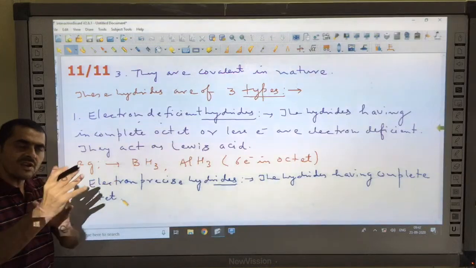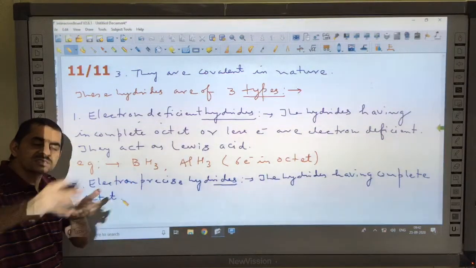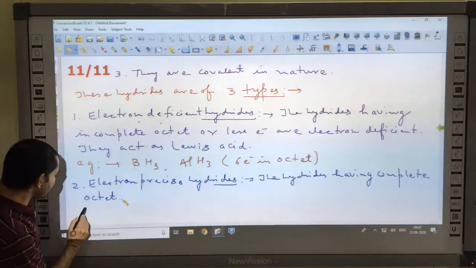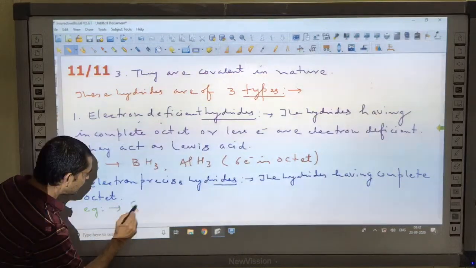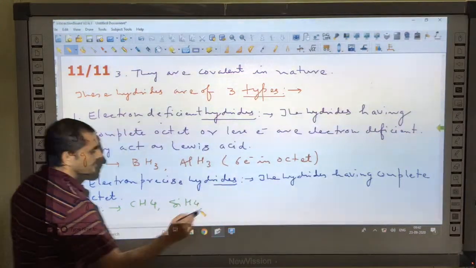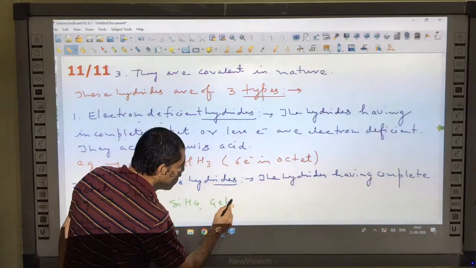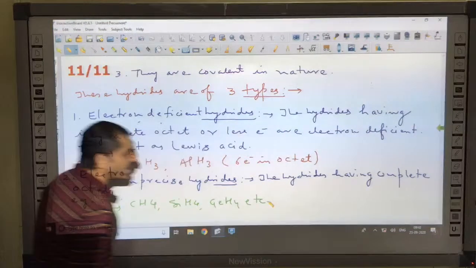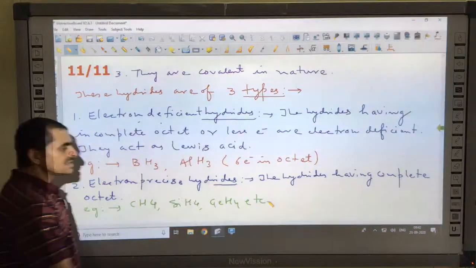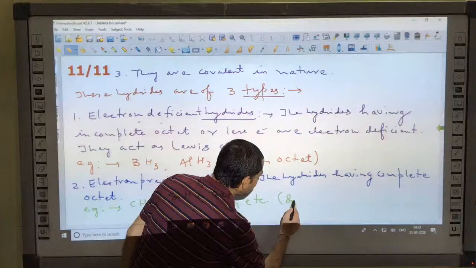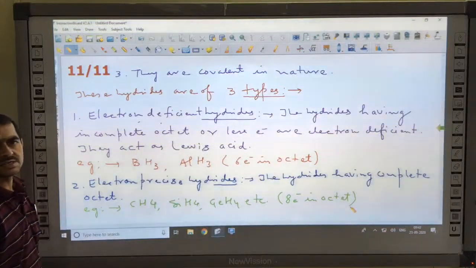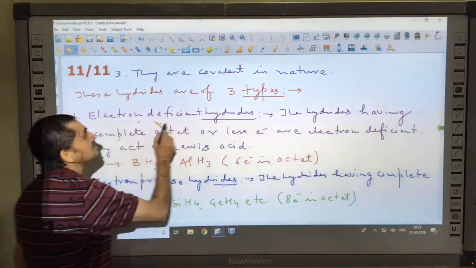Let us see the example: CH4, SiH4, GeH4, etc. Here they have precise electrons. Their octet is complete, having 8 electrons in their octet. So they are called electron precise. Clear?